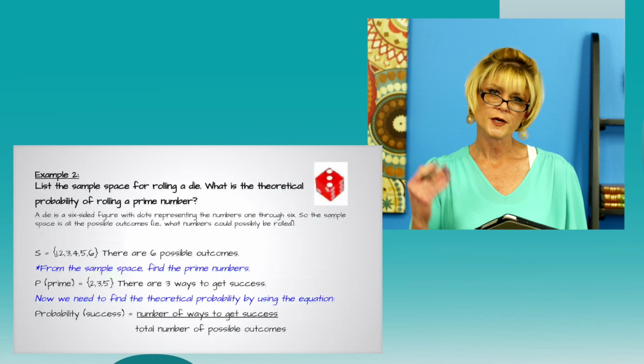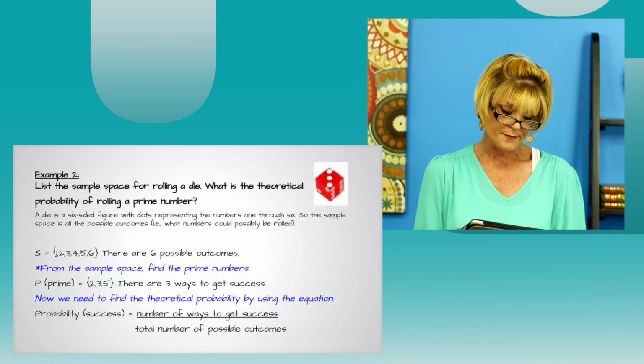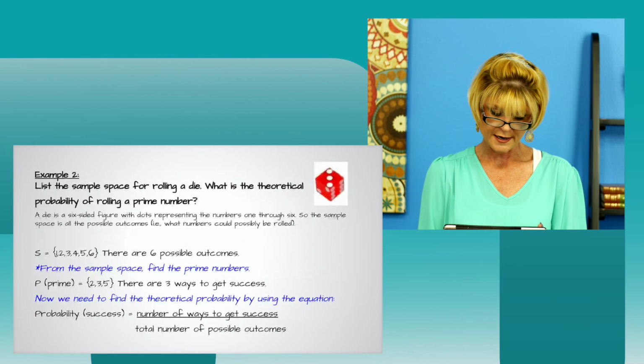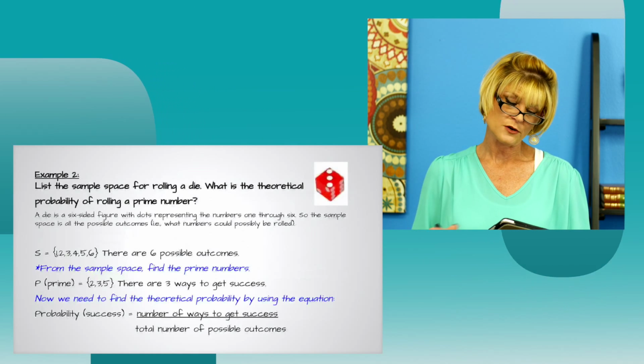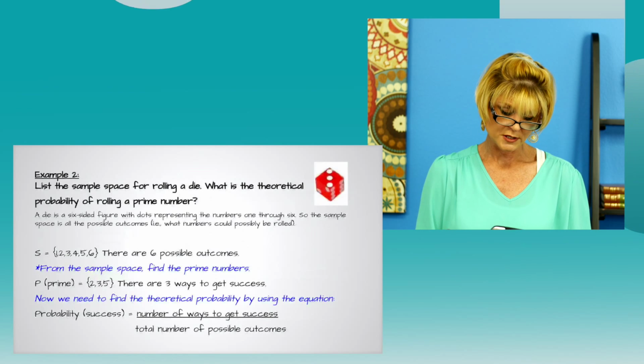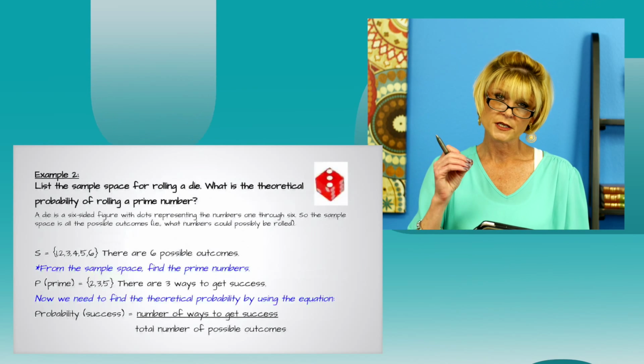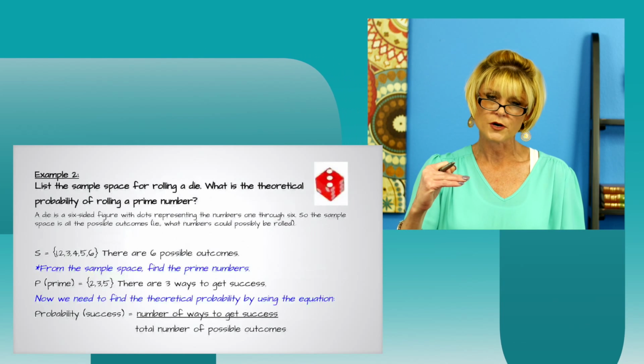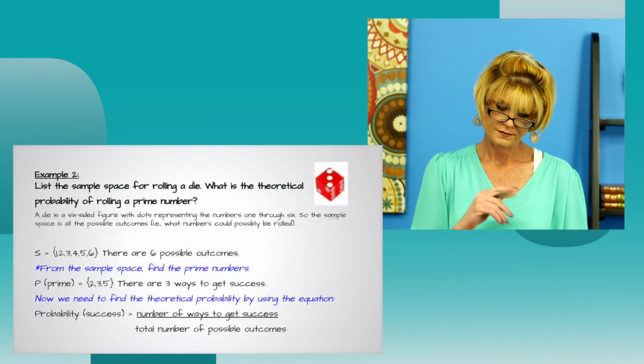Now let's talk about the possibility of the number being prime. Well, there's 3 ways to get success with a prime number: 2, 3, 5. So now we need to find the theoretical probability by using the equation, which is the probability of success is the number of ways to get success over the total number of possible outcomes.